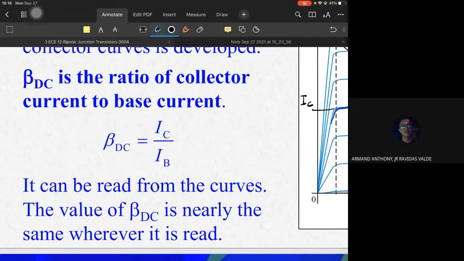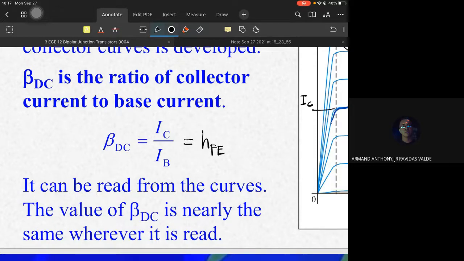Sometimes they call this one amplification factor or gain of the BJT, and many other terms. We could call it as plainly as this one, beta. Other specification sheets call this as HFE.